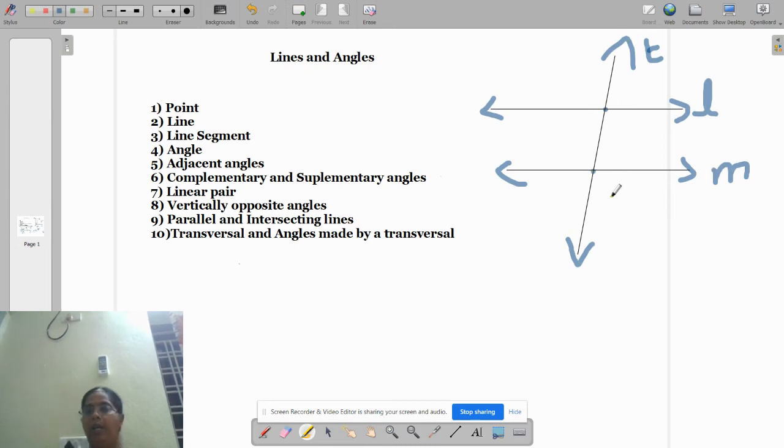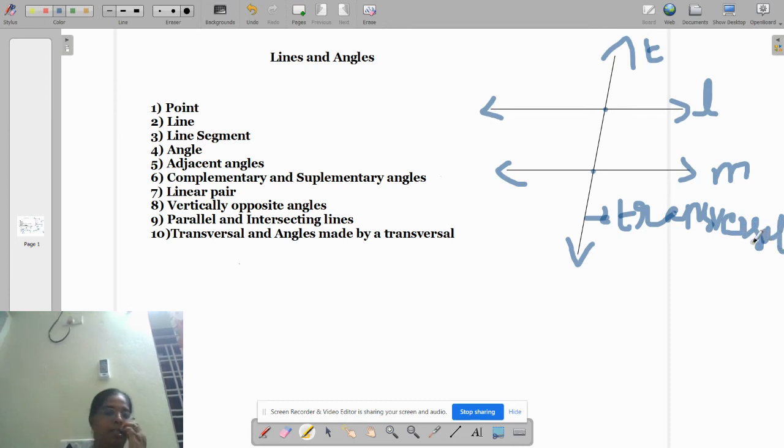Means this is a line which is intersecting different lines at different points. So such a line is called as transversal.